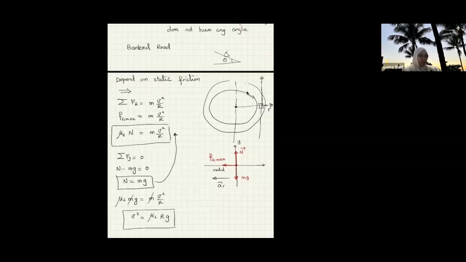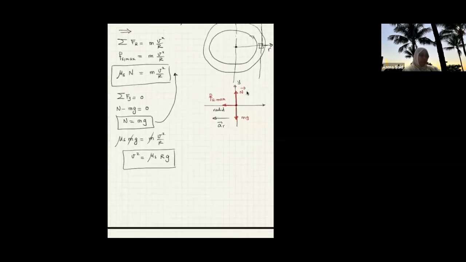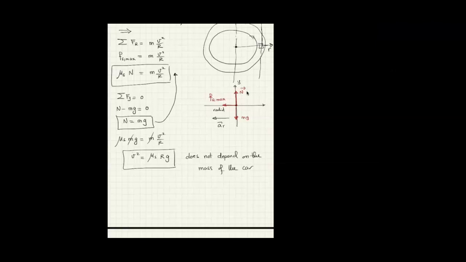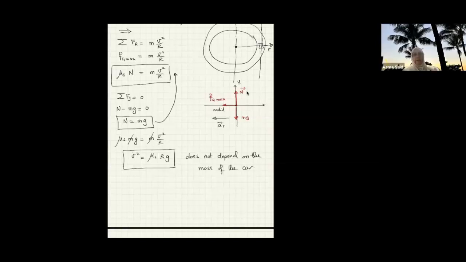Now, something that I want you to notice here, that velocity does not depend on the mass of the car, right? Otherwise, they're going to say, if the car mass is bigger then it can go faster. Here it has nothing to do with the mass of the car.